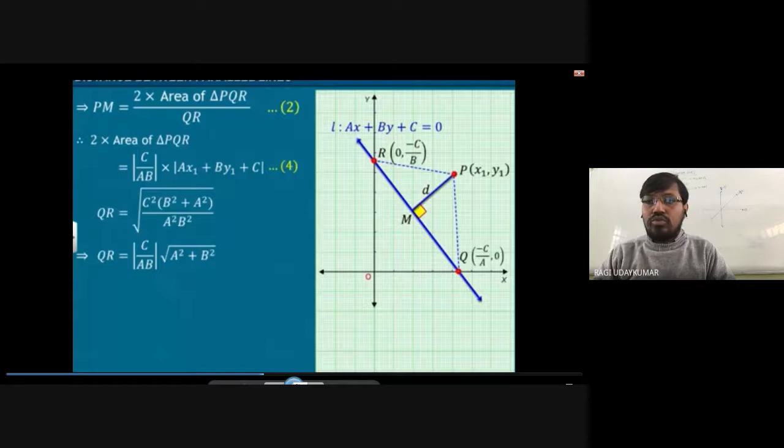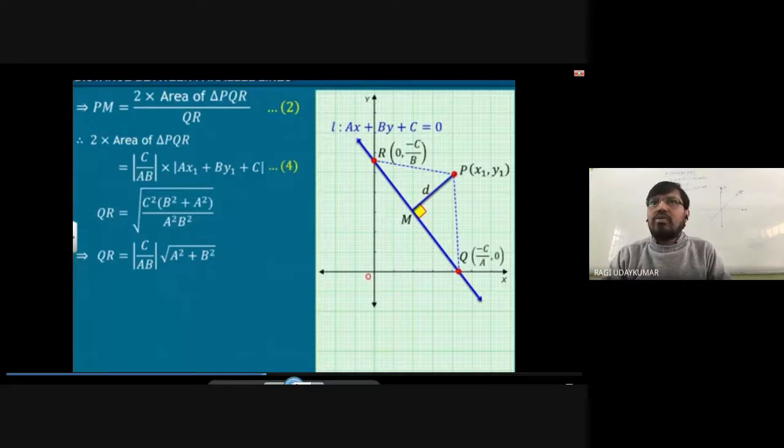I already told you in previous sessions that square root of x square is nothing but mod x, not simply plus or minus x. You need to say mod x because of the square root symbol itself. Here you get square root of c square by a square b square, which can be written as modulus of c/(ab), and the square root of a square plus b square will be as it is.